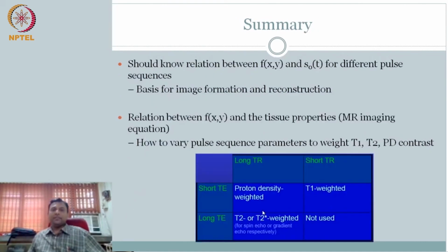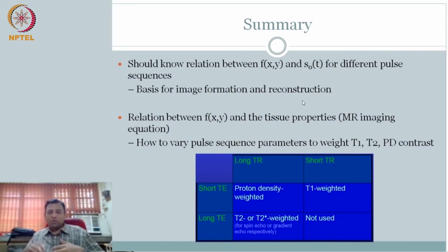Last but not the least, you should understand this very important concept of the signal that you are measuring, S of t. It is very counterintuitive. I'm saying S of t, and we are always trained to think about a time domain signal. It turns out S of t here that you are measuring, or S0 of t, which is your demodulated signal, is actually measuring the Fourier transform of the signal.